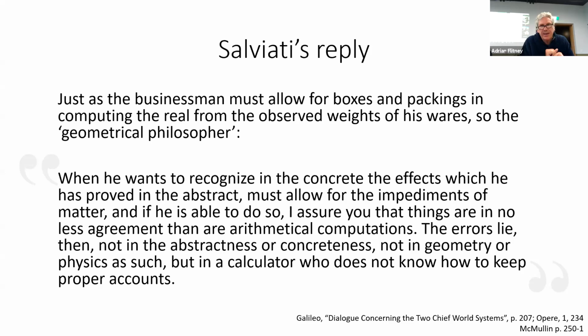Now, I can say more about mathematical idealization later, maybe in question time, about exactly what the status of mathematics was for Galileo, but he thought maths was something independent of us, perhaps ideas in the mind of God. So now I'll go on to construct idealization.